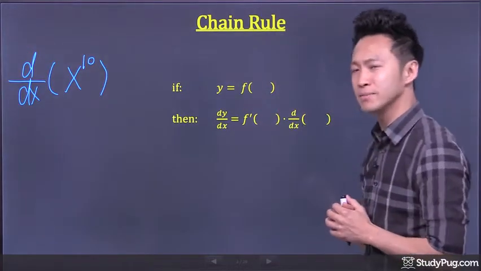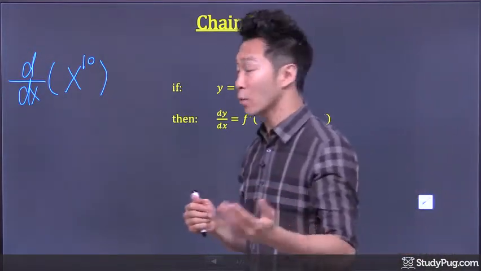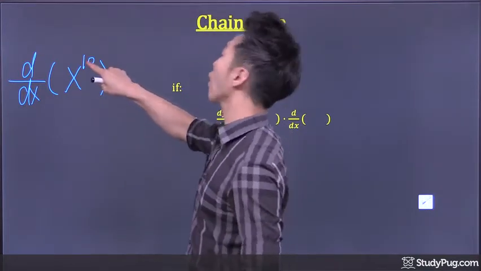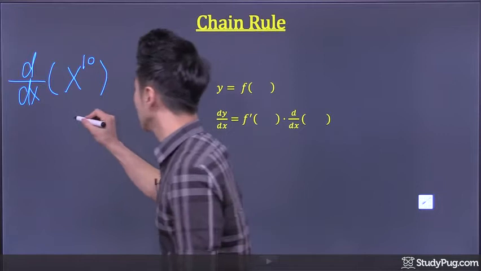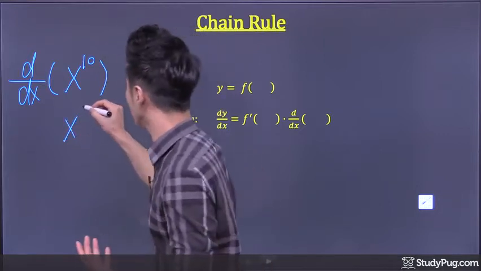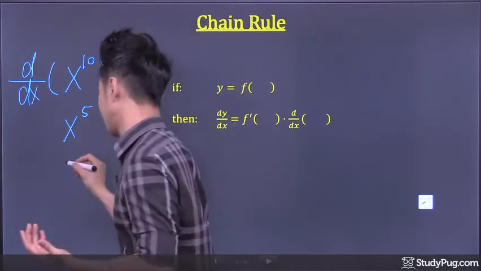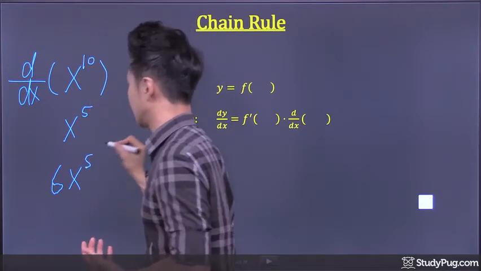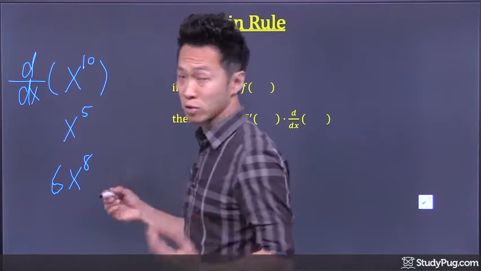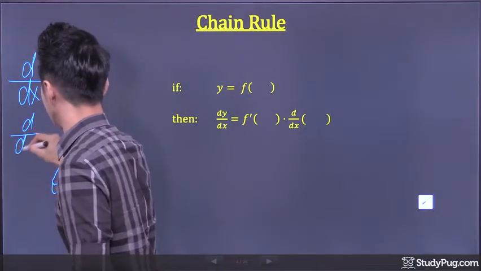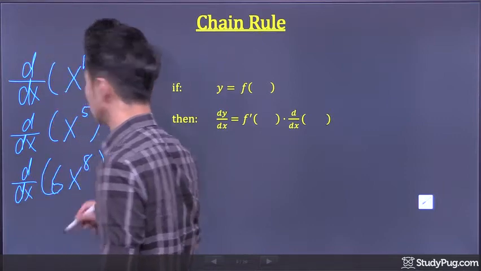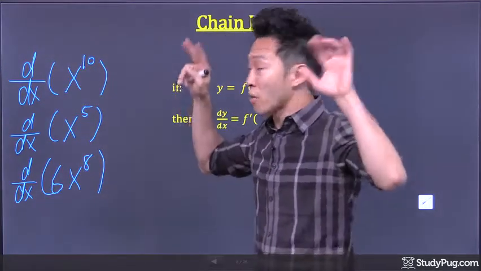Let's talk about that. In the previous lesson, we learned that whenever you see a power function, something like x to the power of 10, or x to the power of 5, or say 6x to the power of 8, to find the derivative we simply apply the power rule.